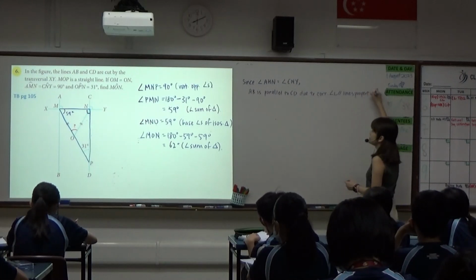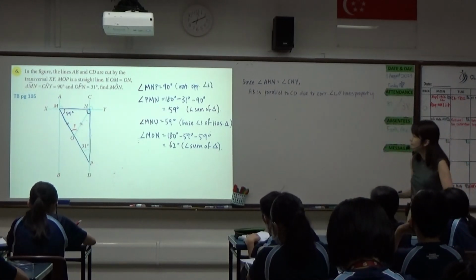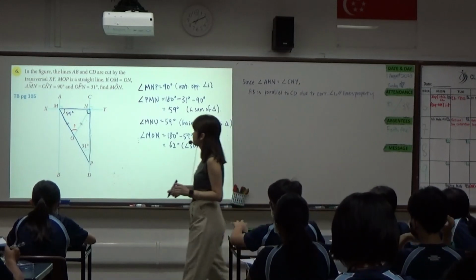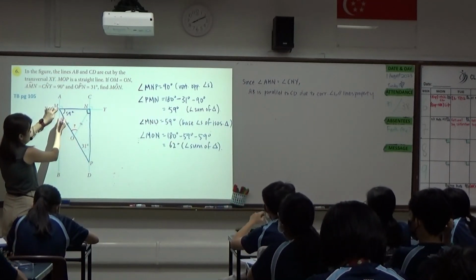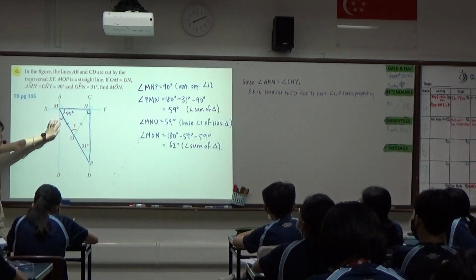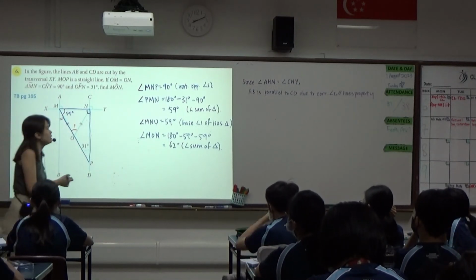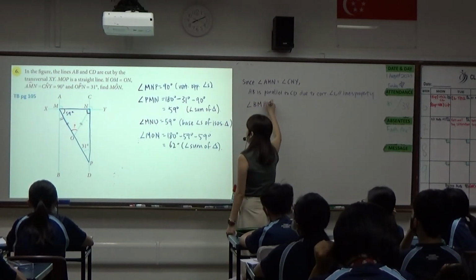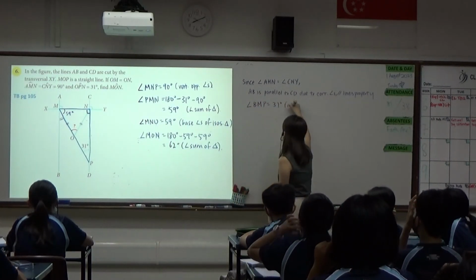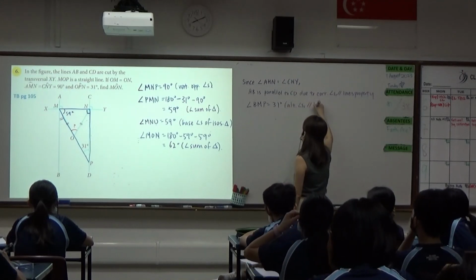Okay, then BMP, this one. Okay, what about it? It equals 31 degrees. Sure, BMP equals 31 degrees, alternate angles, parallel lines.